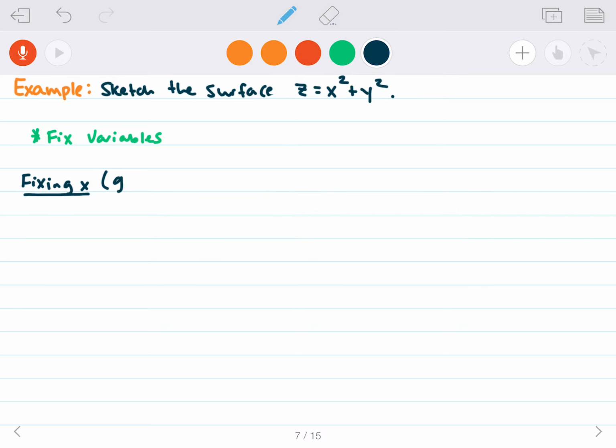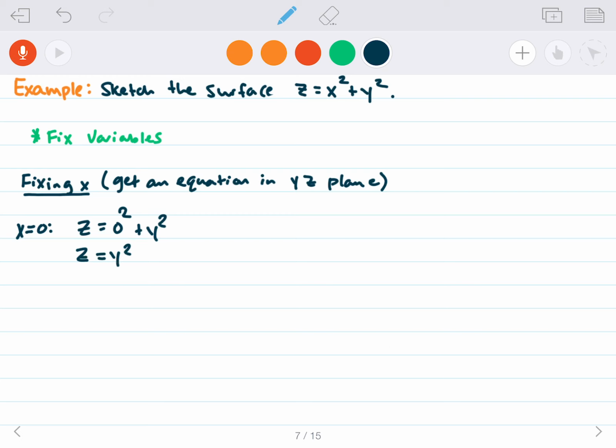We're going to get an equation in the yz plane. All right, so let's just pick some random numbers for x. How about x equals 0? So if x equals 0 in this equation right here, we get z is equal to 0 squared plus y squared, which is just z equals y squared. Okay, so when x equals 0, z is equal to y squared. So let's just put that in our pocket for a second.